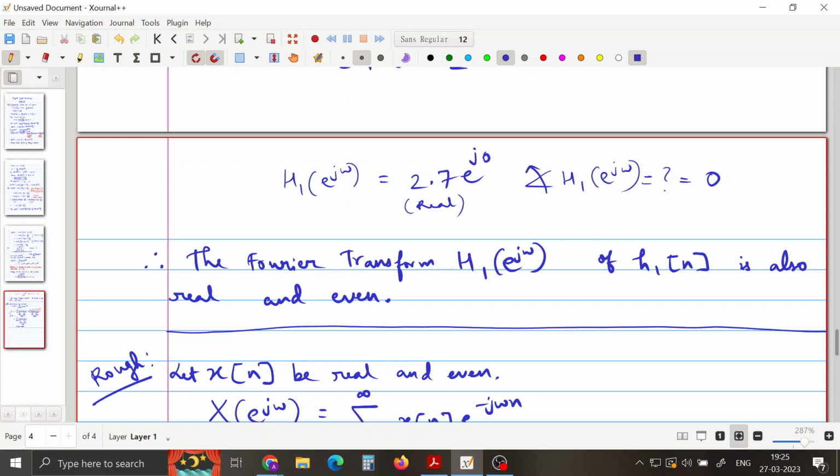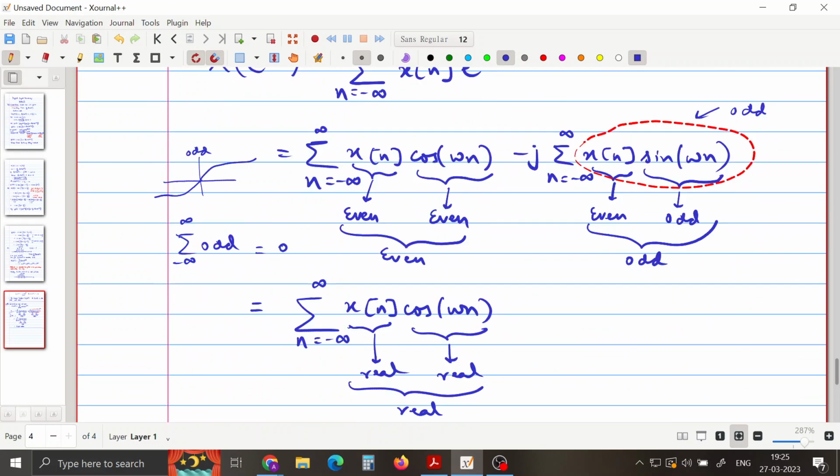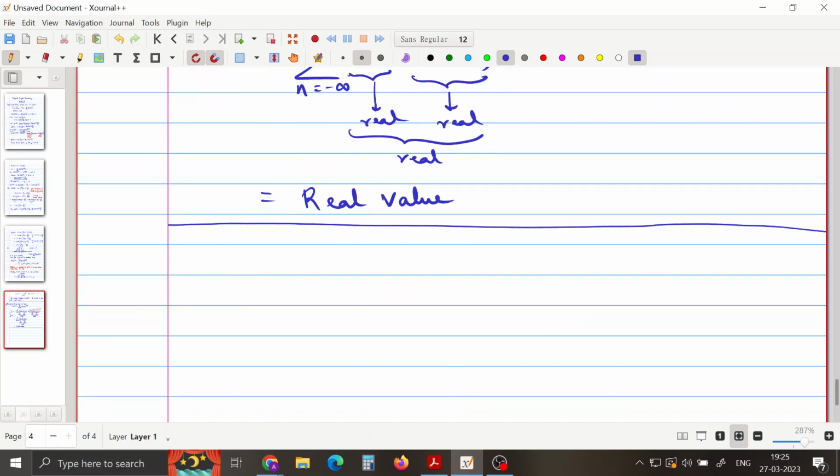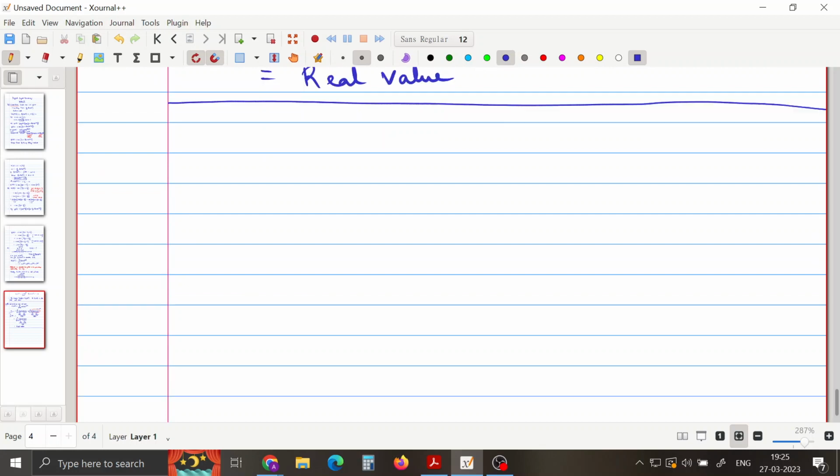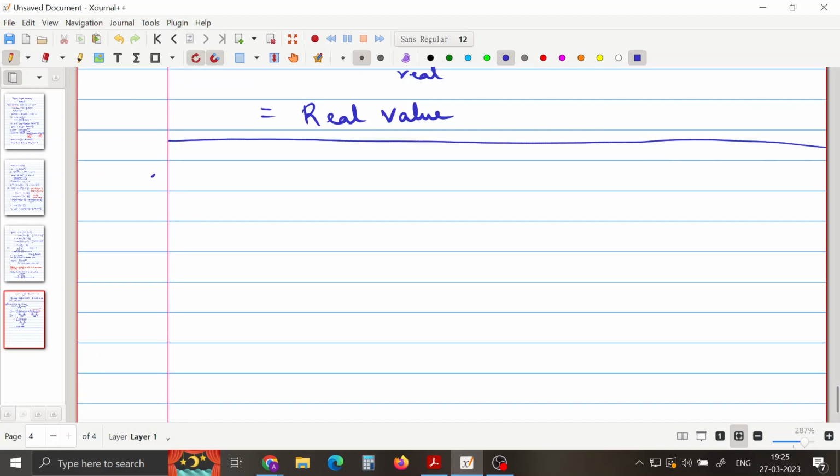Okay, all right. Therefore this Fourier transform, since it's real valued, has 0 phase.